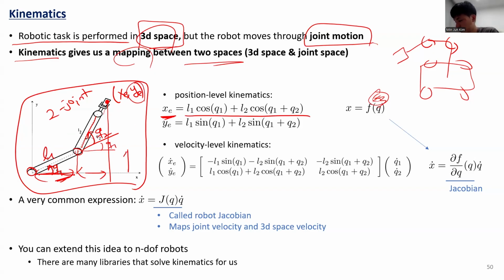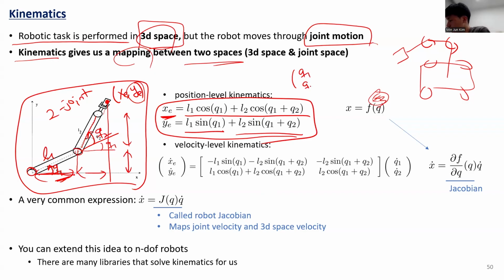That's again the addition of two lengths: L1 sine Q1, plus L2 sine of Q1 plus Q2. So that gives us a relation between Q1, Q2, and xe, ye, right? So that's position level kinematics, from joint position to Cartesian position, right?